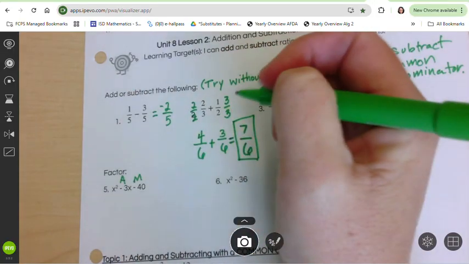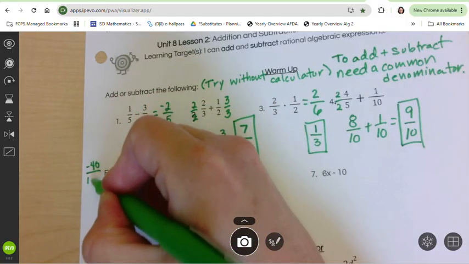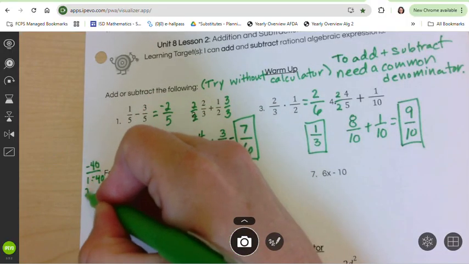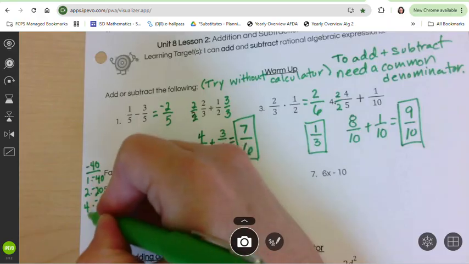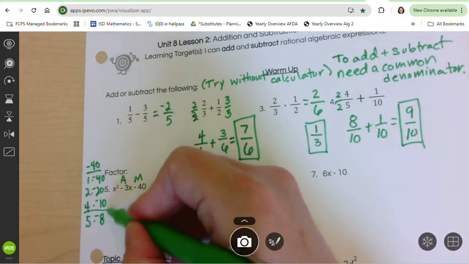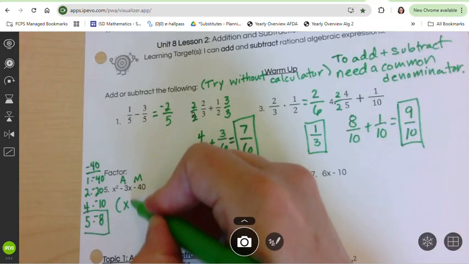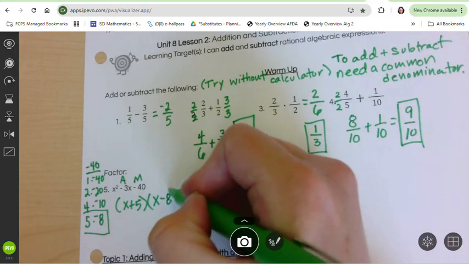And so I just made a little list for negative 40, starting with 1 times negative 40, 2 times negative 20, 3 doesn't work, 4 times negative 10, and 5 times negative 8. And then finally, I found the numbers here. So I have x plus 5 times x minus 8.